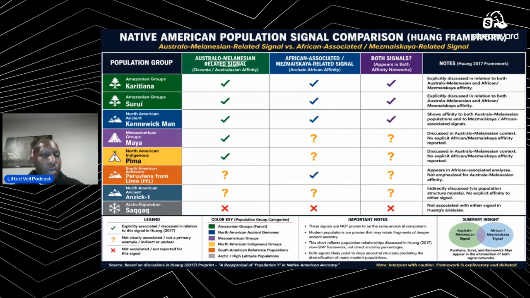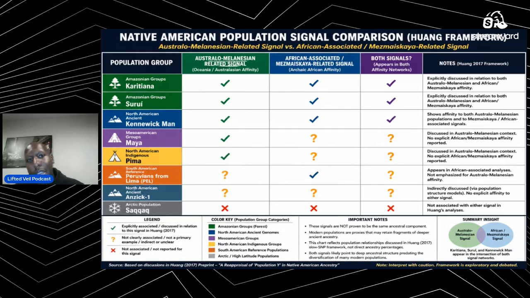The two groups from the Amazon carried both signals. That is very significant. That cannot be ignored. Because again, in the 2015 study, it was cited to have the Y population signal, which was Australian as well.